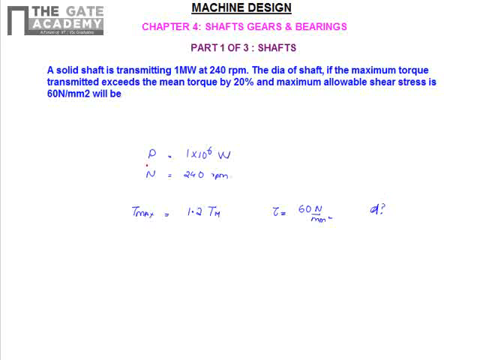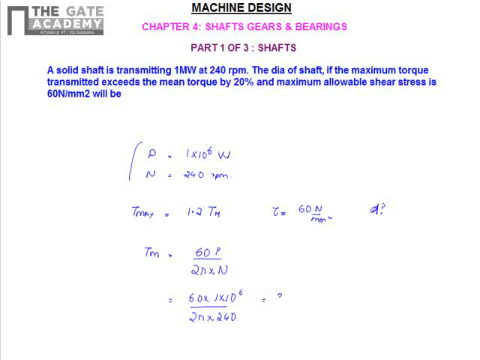Okay, so from the power and the RPM we can find what is the mean torque. That will be given as 60P by 2 pi into N. That will be given as 60 into 1 into 10 power 6 divided by 2 pi into 240.